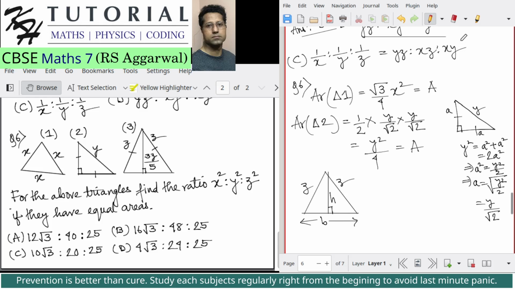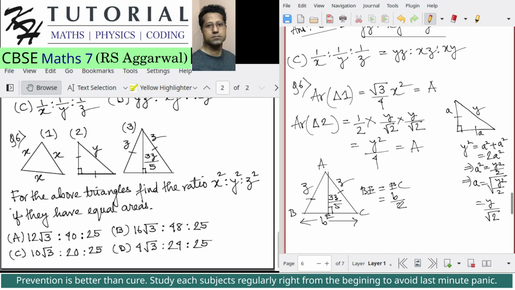This height is given to be 3z by 5. Now in an isosceles triangle ABC where AB is equal to AC, and this AE is perpendicular to BC, then AE will bisect the side BC. That is, BE will be equal to EC, which will be equal to b by 2 if I consider the length of BC to be b.